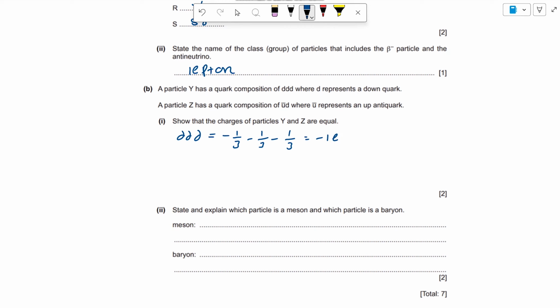That's the charge of all these three D's. And now we have anti-up and a D. It's going to be -2/3 -1/3, which gives us -1e. So the charges are equal. So shown.